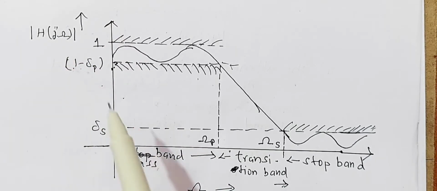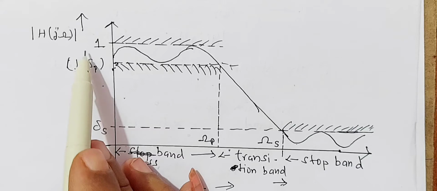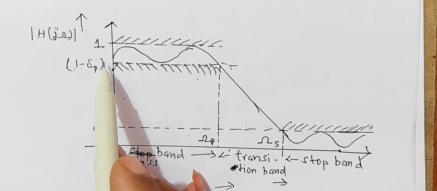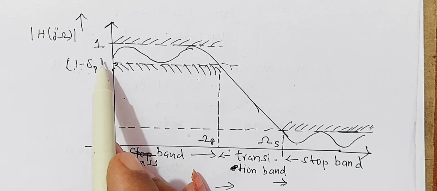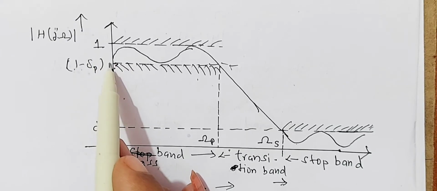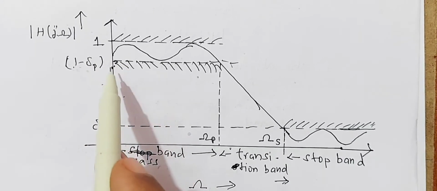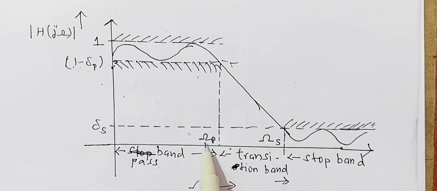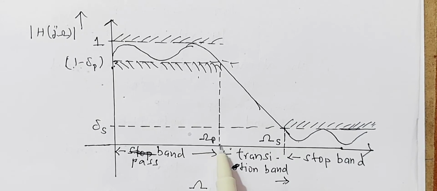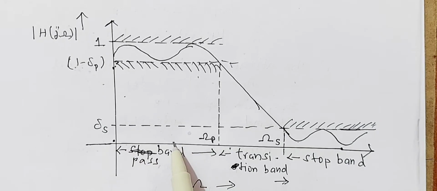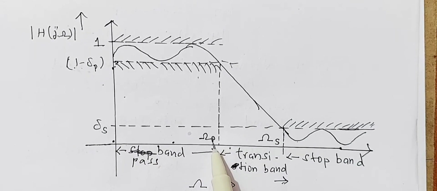So, here 1 minus delta p is less than h of j omega is less than 1. So, h of j omega value between 1 minus delta p to 1 is for the frequency omega p called pass band frequency. Here the frequency is 0 less than or equal to omega less than or equal to omega p.